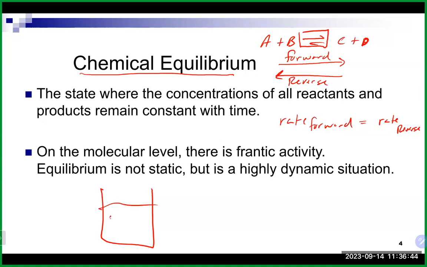There's guys going from reactants to products, there's guys going from products to reactants. Again, it's just happening at the same rate, which makes it appear like there's not much going on, it's over. But there is a lot of activity that is continuing to happen. You are continuing getting reactants converted to products and products going back again at the same rate. So again, nothing looks like anything's happening.